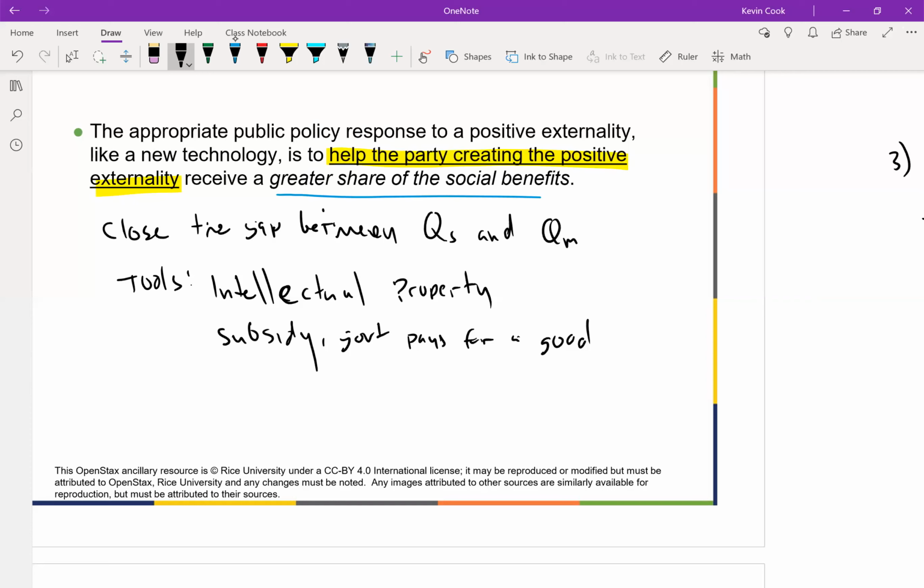So we see these subsidies come in where government helps pay for a good, and the idea again is we're not going to subsidize something unless it has some benefit to the community. In this case, we're talking about the airports. The airports bring some benefit to the community, so they choose to subsidize them.